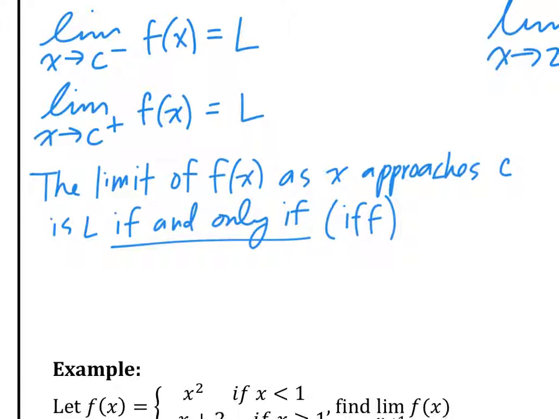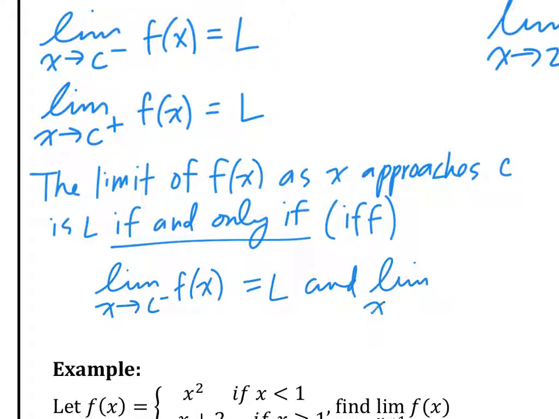And what happens? Does not have to do with continuity. Yeah, the left-hand side and right-hand side limits are equal. Okay, you can only have a limit if and only if left-hand side, right-hand side go to the same number.